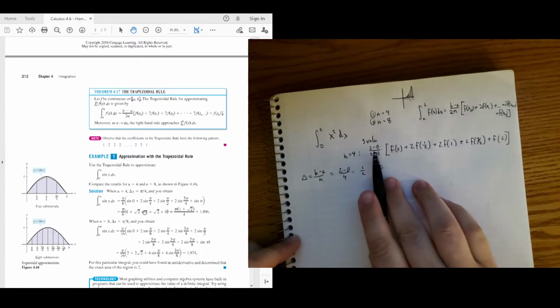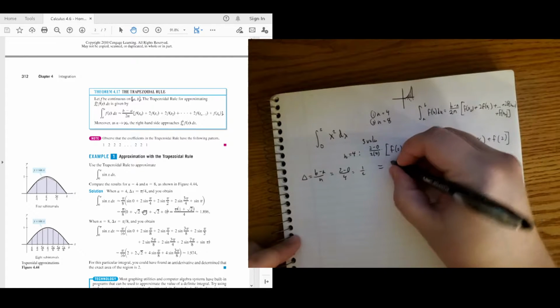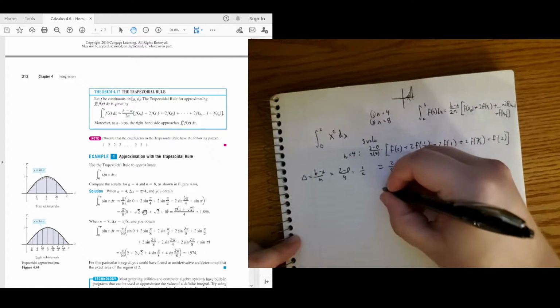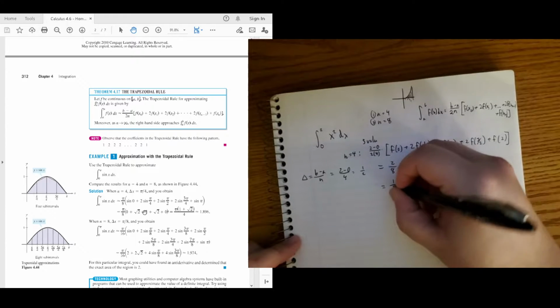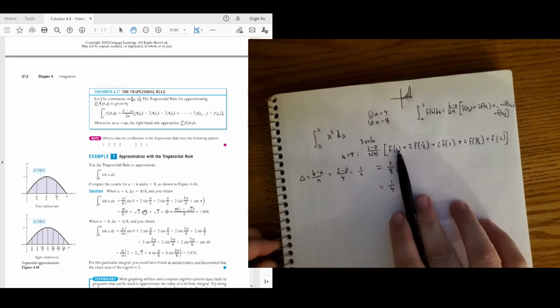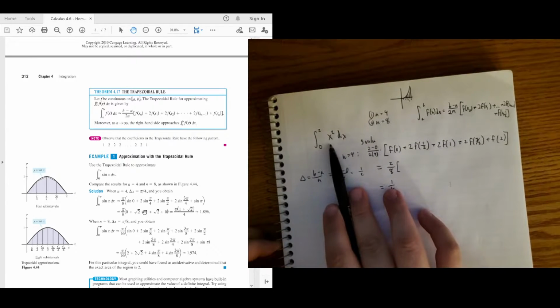So let's figure out what this is. B minus A over 2n, so B minus A, so 2 minus 0 would be 2 on top, over 2 times 4, which would be 8. So we end up with 1/4 out front. And what we plug in here is our 0 into our original function x squared.